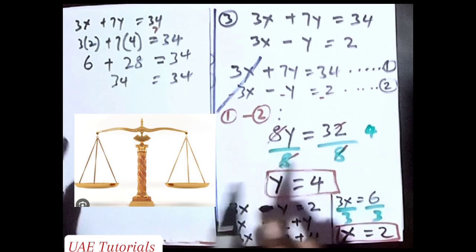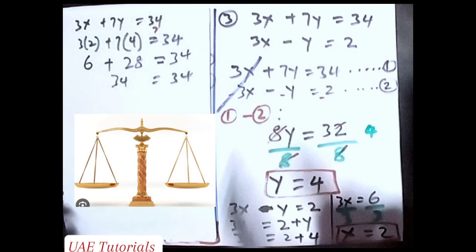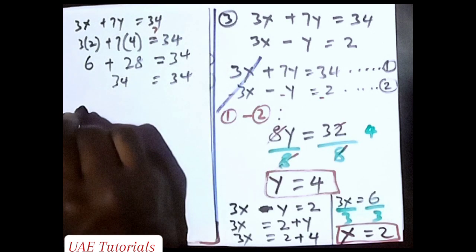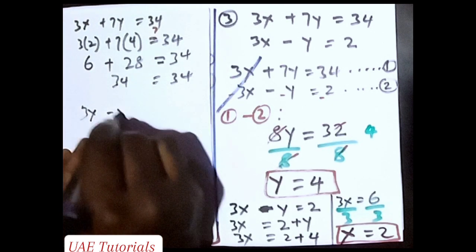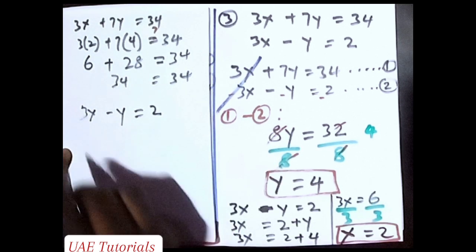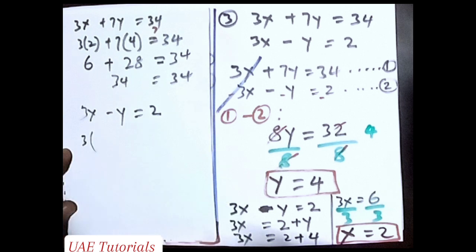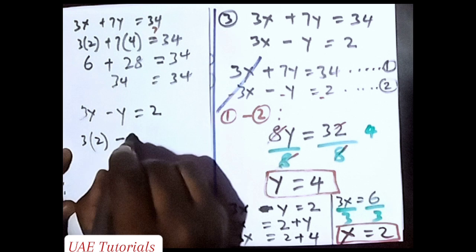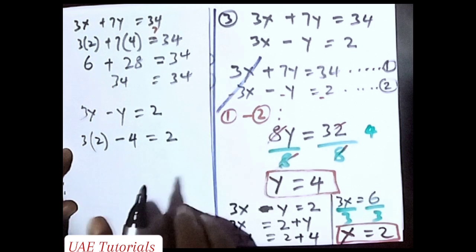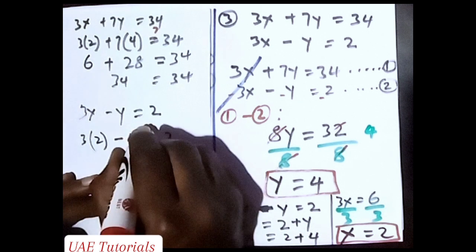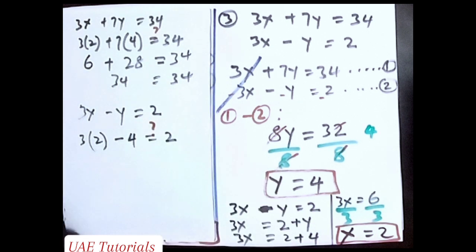Now that we have satisfied the first equation, we'll move over to the second equation, which is 3x minus y equals 2. We plug in these same values. 3 times 2, our x is 2, minus our y is 4. Does that give us 2? Is a question we're asking ourselves. The equality sign must be satisfied.